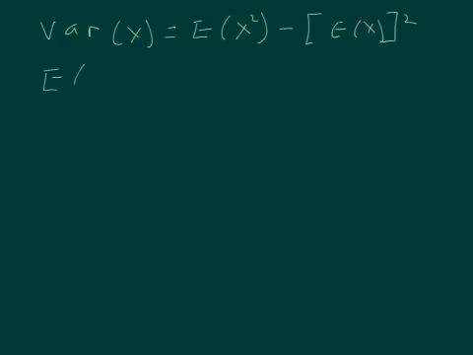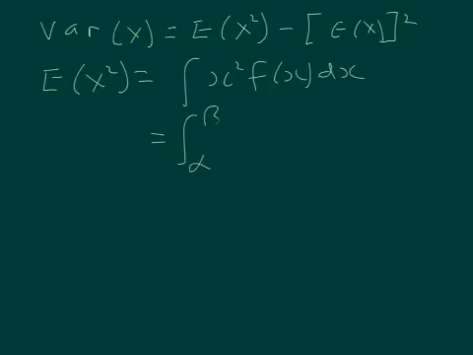So I can hear you asking, what about the variance? The variance of x is the expected value of x squared minus the expected value of x all squared. So we need to work out the expected value of x squared first. The expected value of x squared is the integral of x squared f of x dx between the limits alpha and beta. It's x squared over beta minus alpha, because that's what the probability density function is.